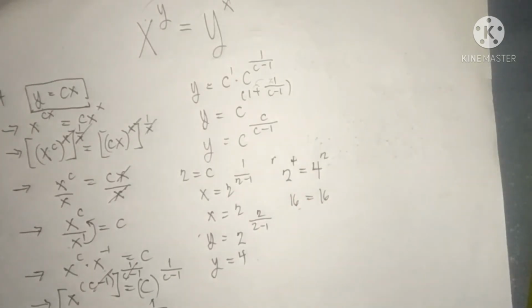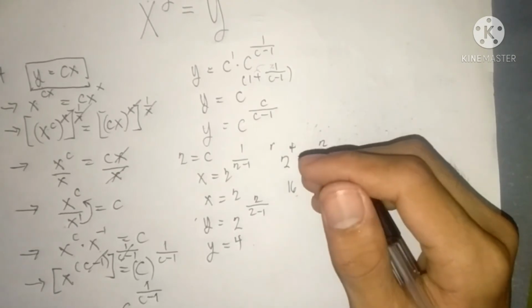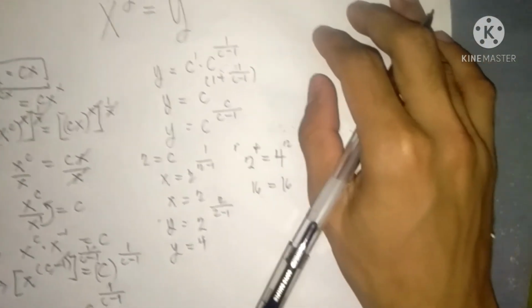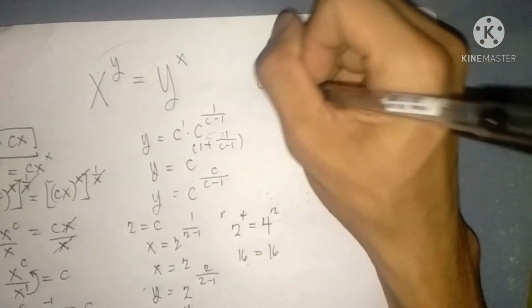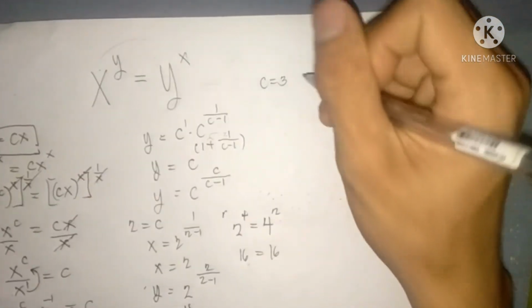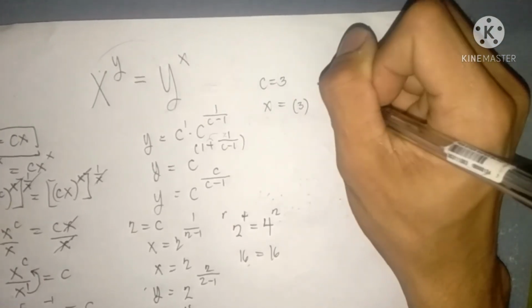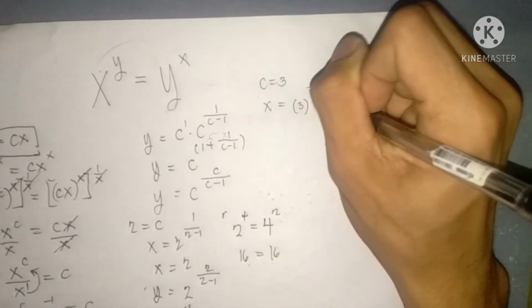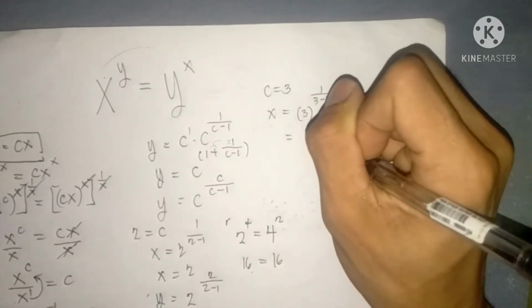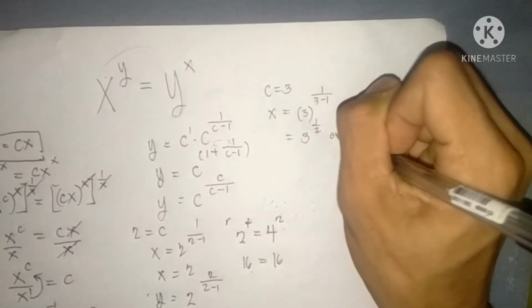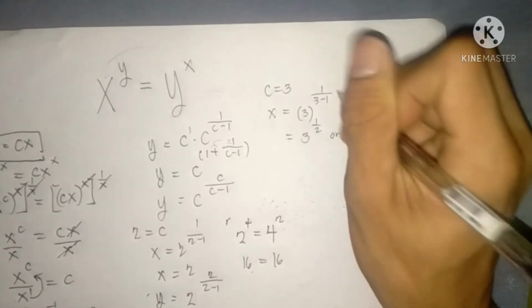So, pwede po ba siya sa ibang number? Pwede. Sabihin natin na 3. Let's say c is equal to 3. So, substitute natin sa x. So, x is 3 raised to 1 over 3 minus 1, is equal to 3 raised to 1 half, or the square root of 3.